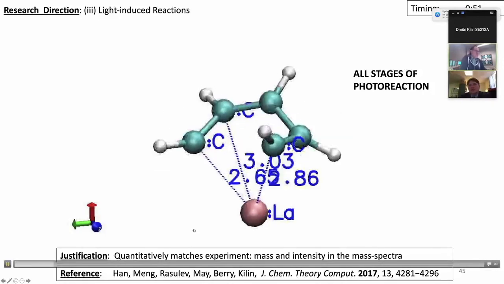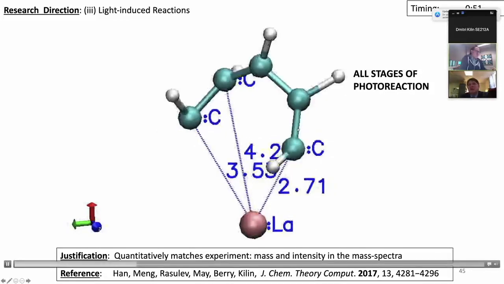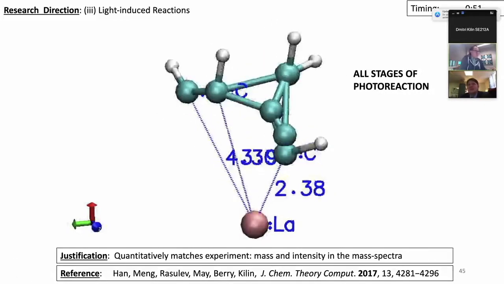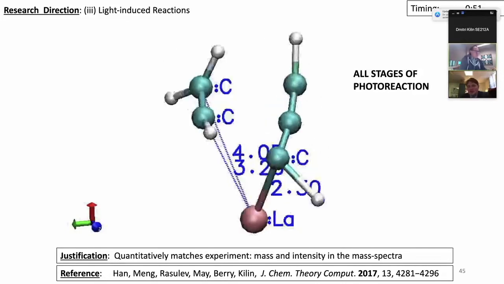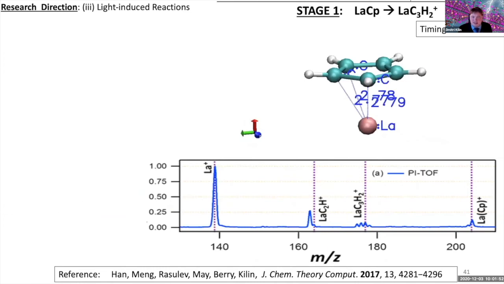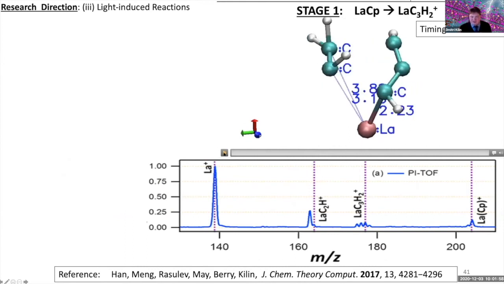So it breaks the carbon bond and then experiences rich chemistry, which can also be interpreted as the metal ion catalyzing rich hydrocarbon transformations.